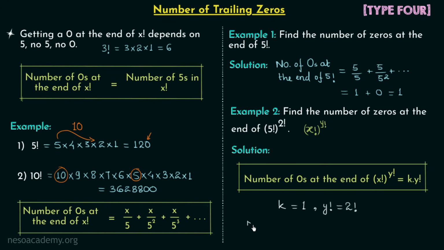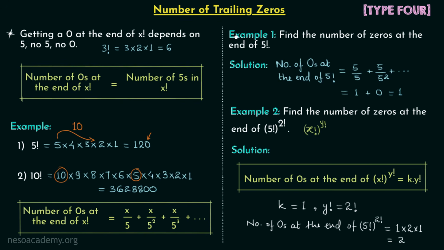And therefore, the number of zeros at the end of 5 factorial raised to power 2 factorial will be k multiplied by y factorial. k is 1 and y factorial is 2 factorial, which is 2 multiplied by 1. So at the end we are getting 2 as the answer, and this means 5 factorial raised to power 2 factorial will have 2 zeros at the end of it.